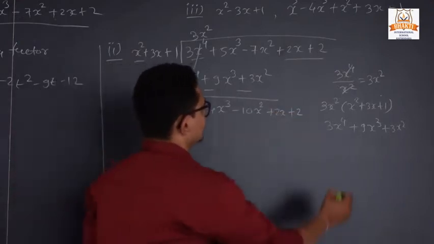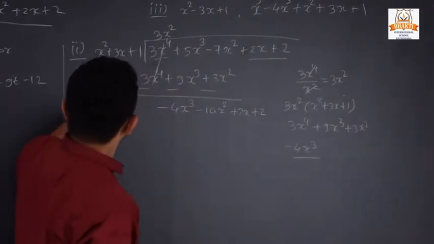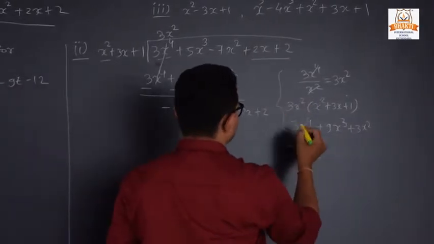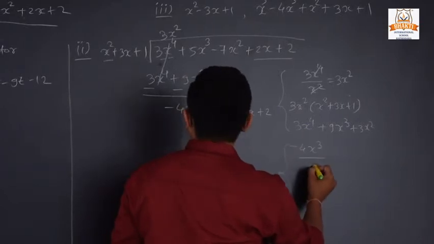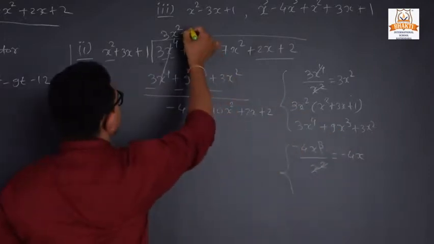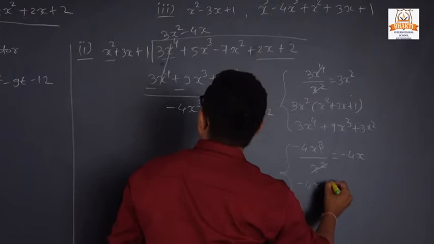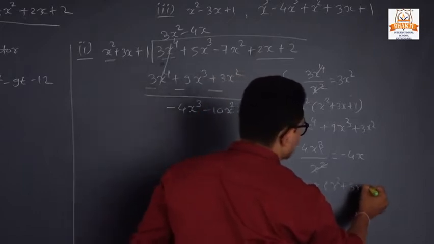Once again minus 4x cube is divided by x square. It is first. Now for the second, x square. So x square cut. So here we get minus 4x. Now minus 4x is multiplied with all this: x square plus 3x plus 1.